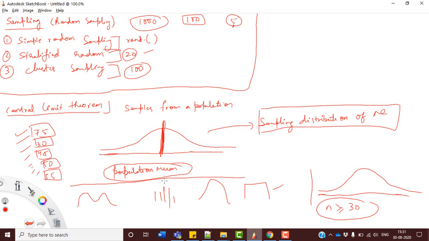Why is it useful? Because we found a way to deal with unknown distributions. We have learned the normal distribution a lot.